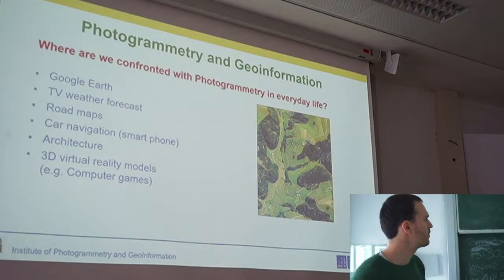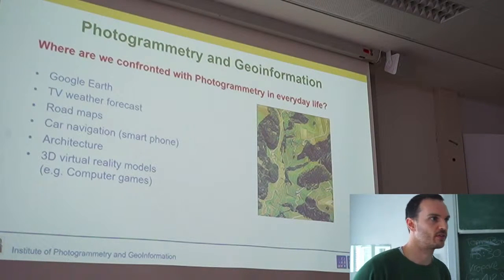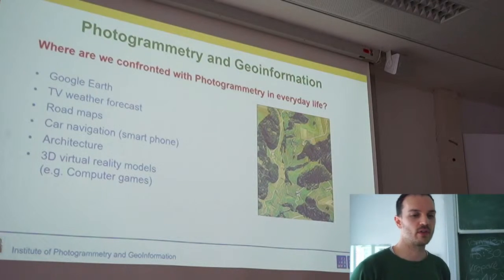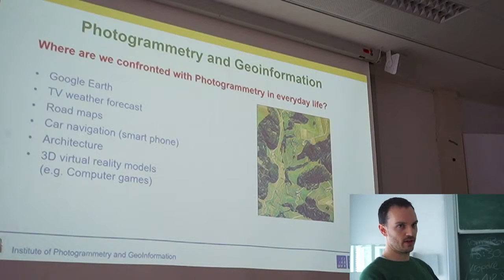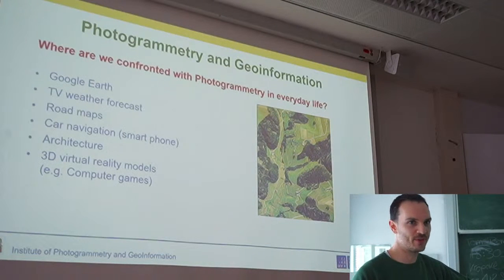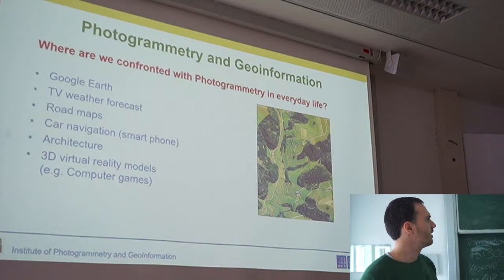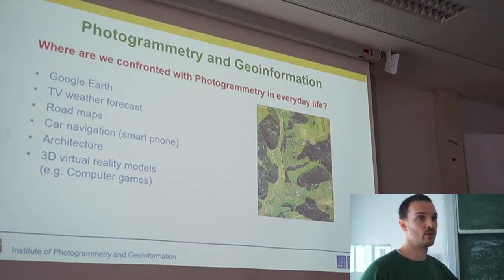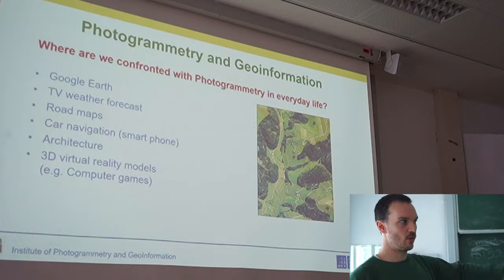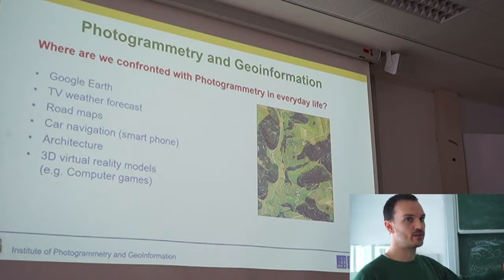So the first point to see here is, for example, Google Earth. You're wondering, okay, what's the connection between photogrammetry and Google Earth? Well, as you probably know, Google Earth uses satellite images as the basis for all their world views, what we see when we open Google Earth. They also have a lot of 3D reconstruction nowadays, so you can see the world not only from the top, but also in 3D.